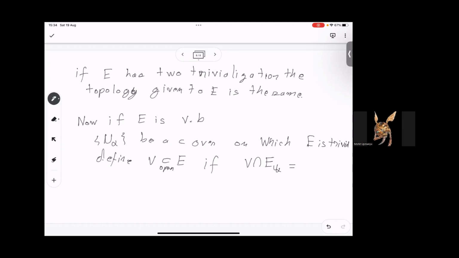E restricted to U alpha means pullback along the inclusion. If we have any map f, we denote the pullback using f upper star. So remember we had this thing. Then I could pull back the vector bundle like this, using the fiber product.